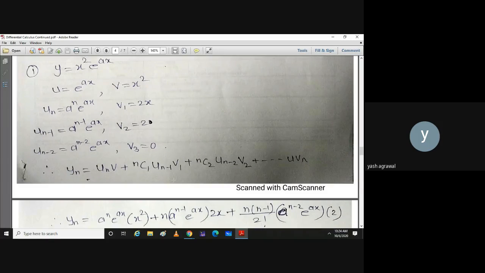So for x cube into cos x, we will take v as x cube and cos x as u. Yeah, correct. And for cos x, we will put that formula, cos of bx plus c formula. Right.